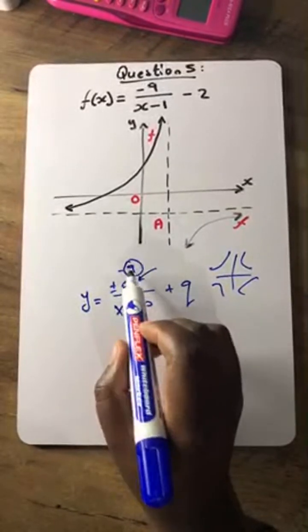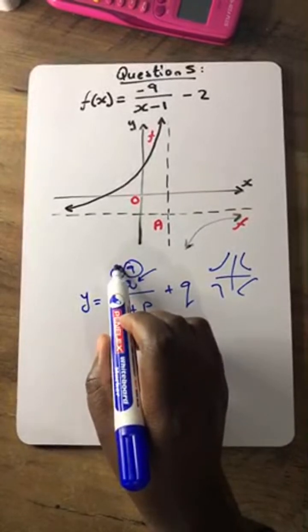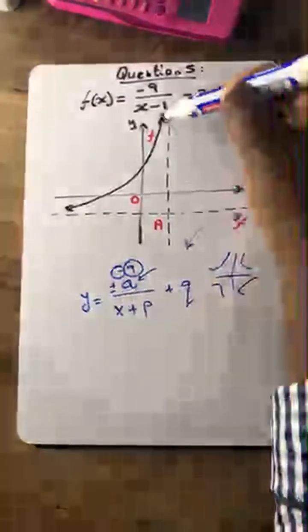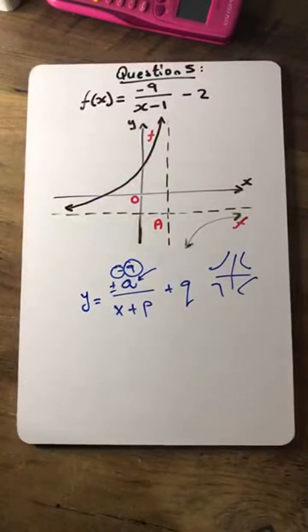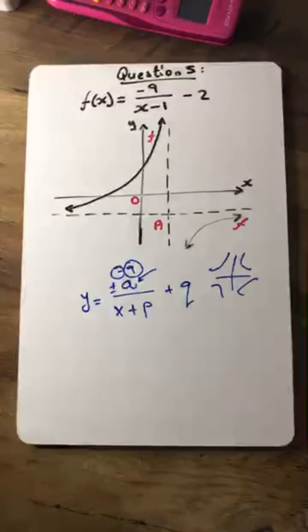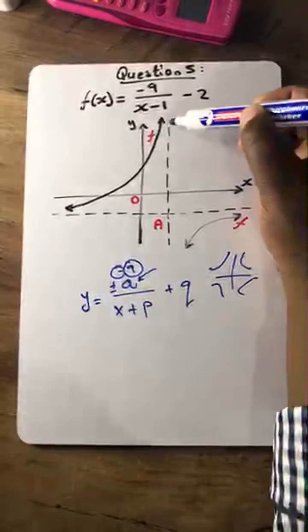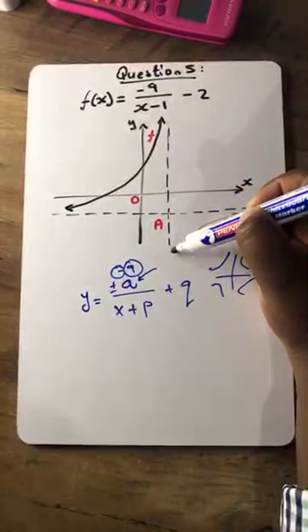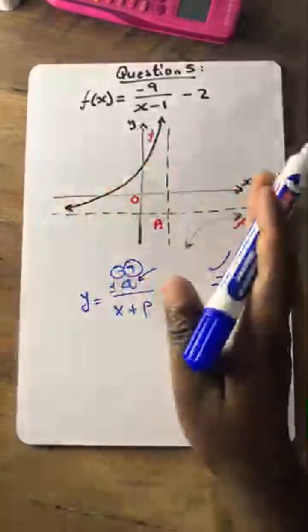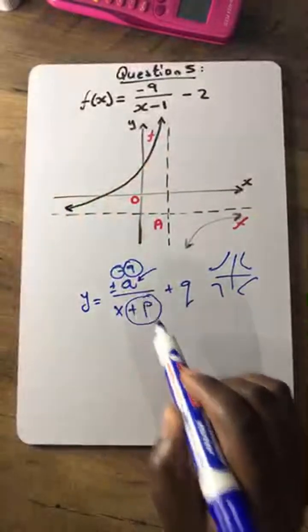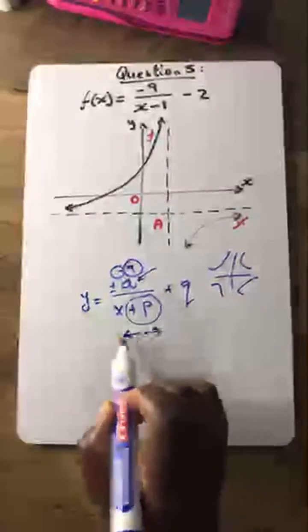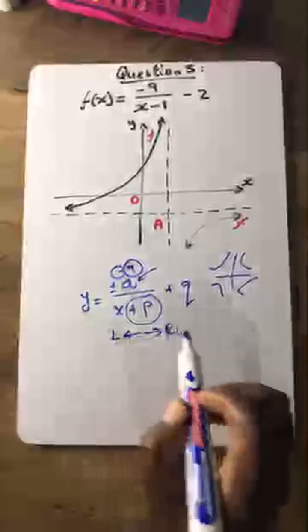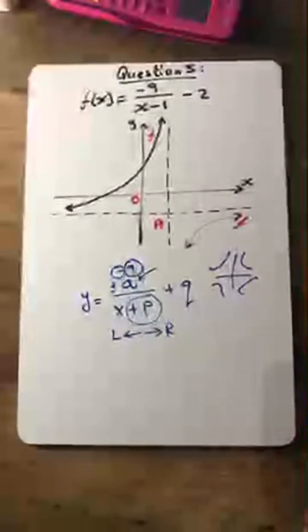It doesn't matter what the value is, as long as it's negative. That's why the graph is in the second and fourth quadrants of those asymptotes. And obviously, you can see there was a shift towards the right, and that shift comes from that value. So the p-value tells us more about the left and right shift.